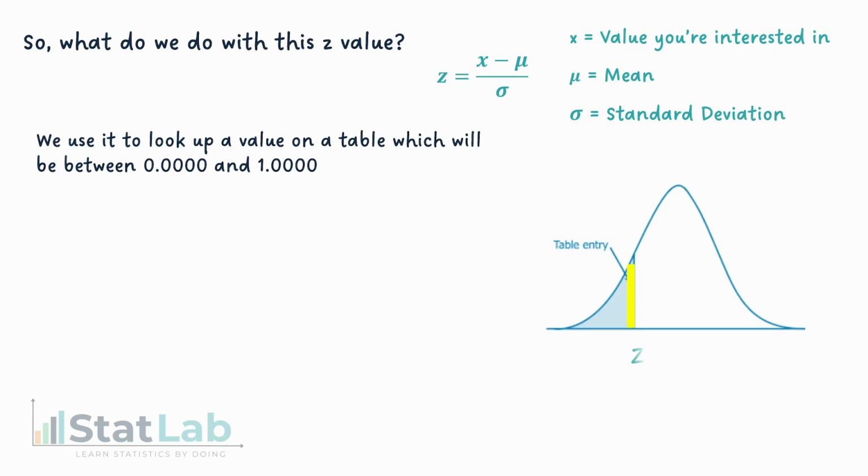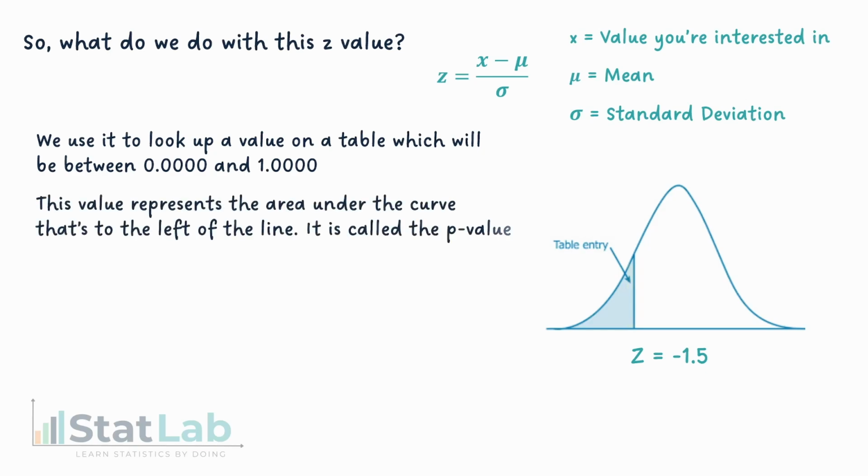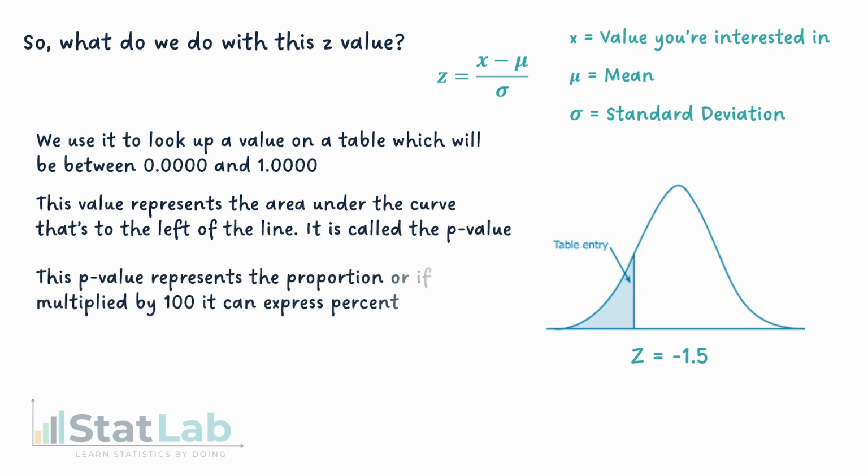So the table will give you, wherever you draw the line, in this example z is negative 1.5, everything to the left of that, which is shaded. It is going to give you the area under the curve that's to the left of the line, and it's called the p-value. This p-value represents the proportion, or if multiplied by 100, it can express percent.